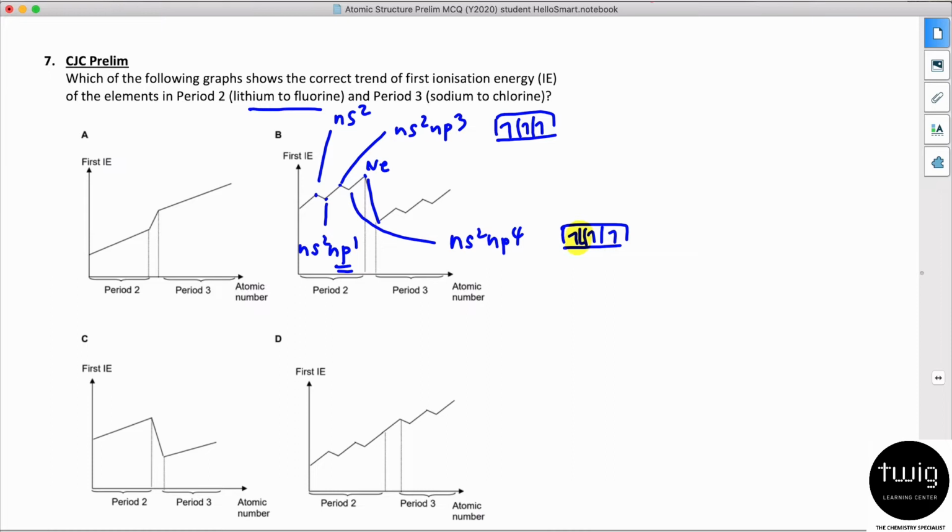Neon has a configuration of 2, 8, and the next element after neon is sodium, which is 2, 8, 1. So this electron is much easier to remove because it is in a different principal quantum shell. So you expect a long dip, and then it starts to increase again. So the answer will be B. Let's look at the next question, question 8.